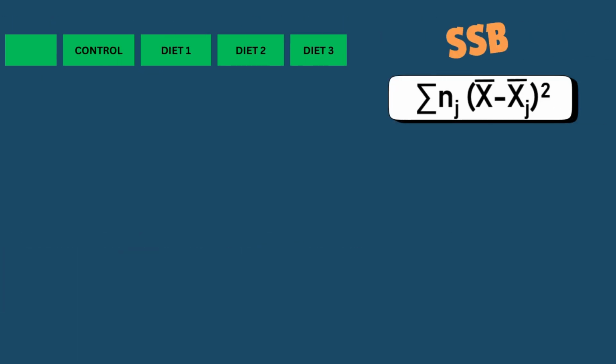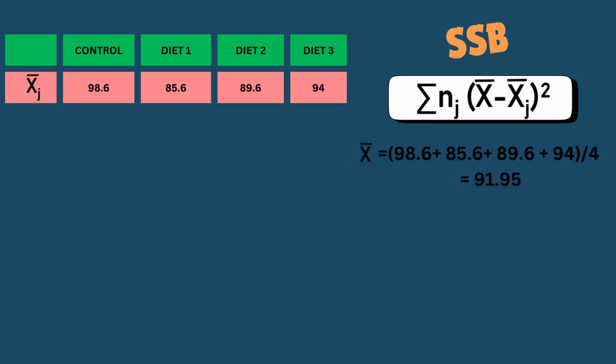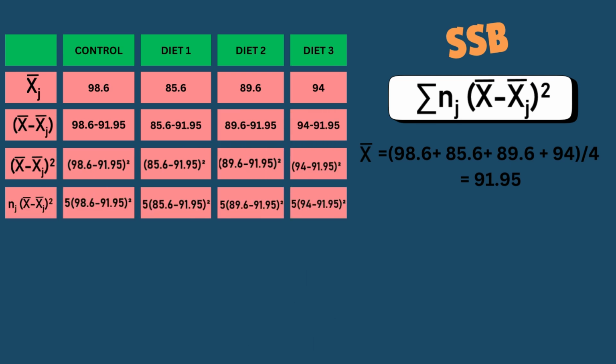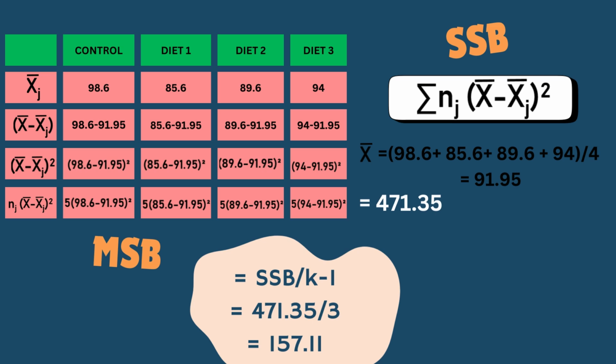SSB is calculated by the formula. First, we take mean of all group means and then take the difference of each group mean from the final mean multiplied by each group sample size, followed by addition of all the resultant values. MSB will be SSB divided by numerator degrees of freedom 3.